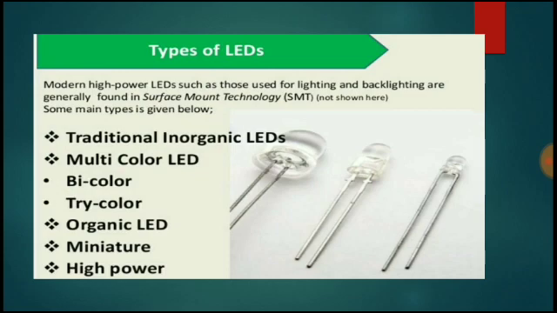And multicolor LED, classified into two types: bicolor and tricolor, that is dual color and multicolor. The next one is organic LED, then miniature, and the last one is high power LED.